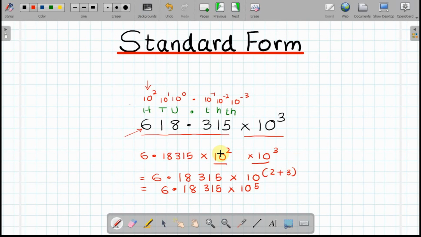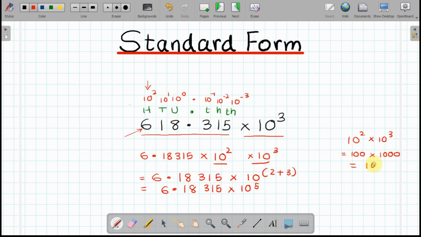Okay, so when the bases are the same, this number is called a base, and you're multiplying, you can add the powers. And the reason for that is, quickly, if I was to write here 10 squared times 10 cubed, this is the same as 10 squared is 10 times 10, which is 100, multiplied by 10 times 10 times 10, which is 1,000.